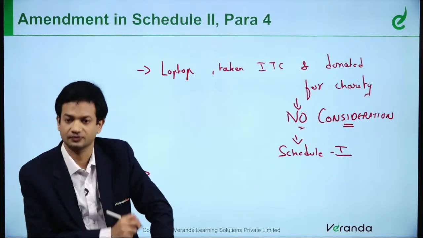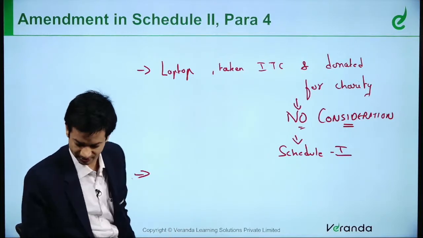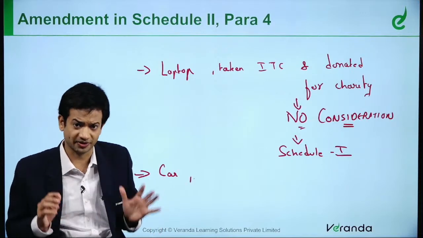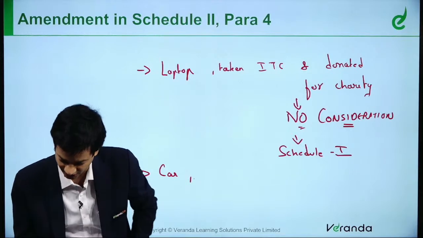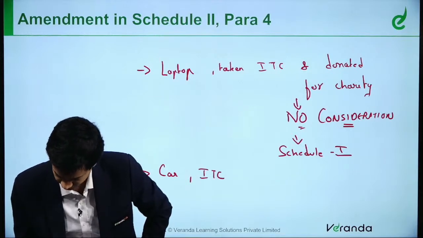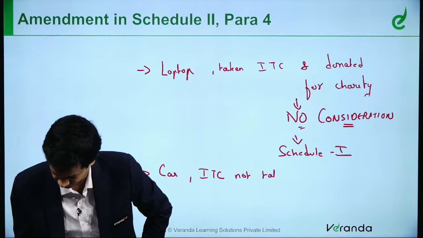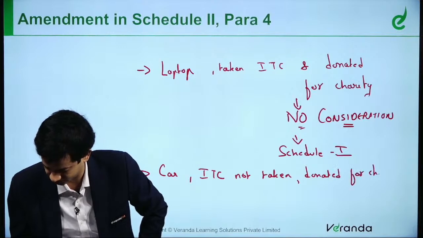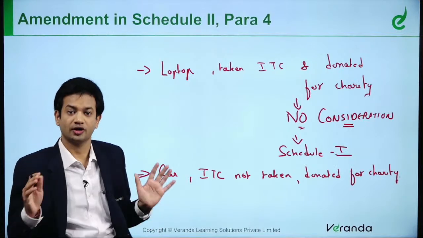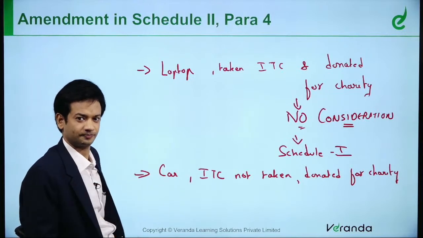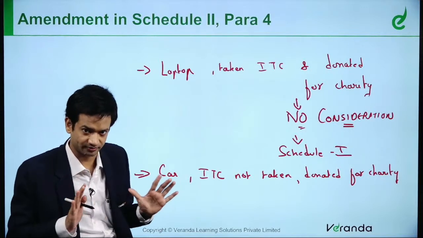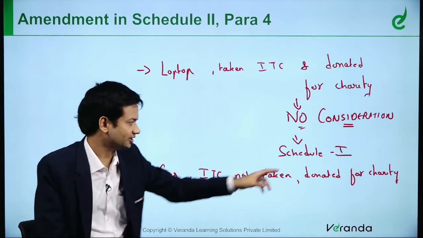Now, next example. Car purchased for the business. I cannot take ITC, so ITC not taken. Donated for charity. Illustration, whether it's supply or not. Car purchased for the purpose of business, ITC not taken, not availed input tax credit, donated for charity.